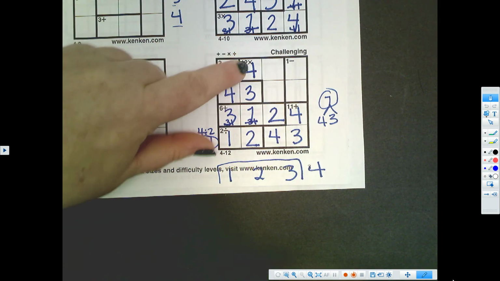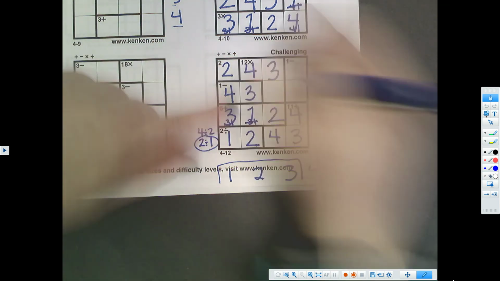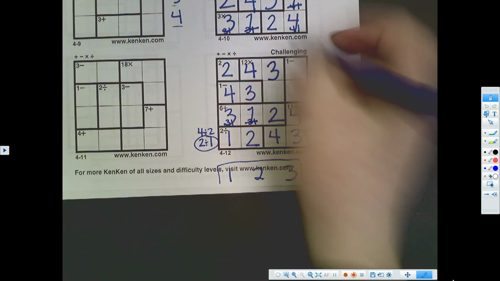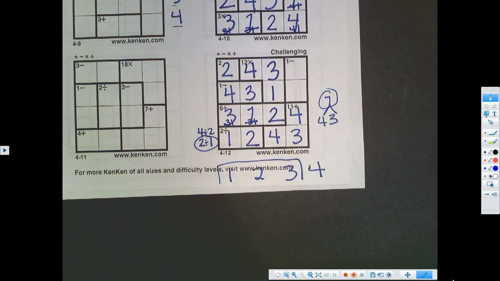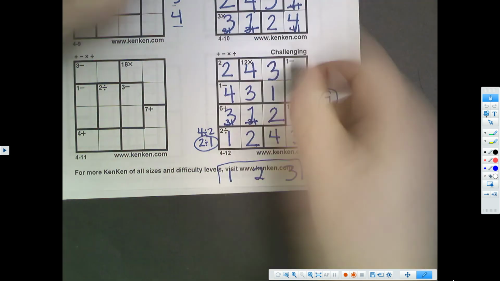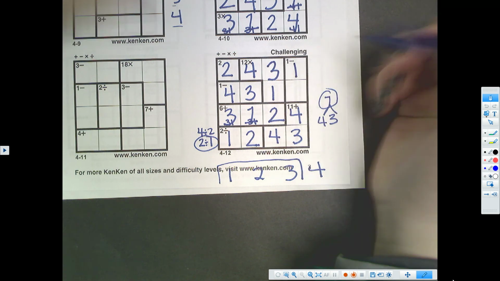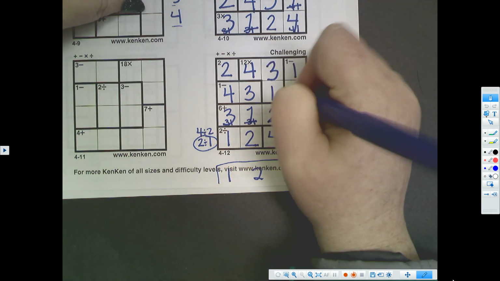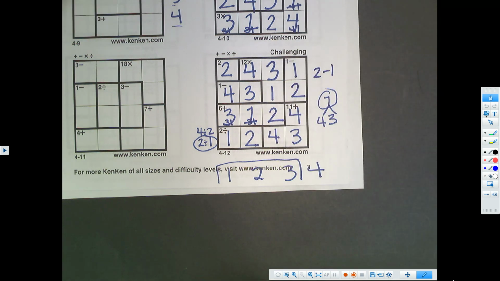And 4 times 3 is 12, and I couldn't put the 3's next to each other. And 12 times 1 is 12. 4, 3, 2. I'm missing a 1. So something minus 1 is 1. That would be 2 minus 1 equals 1.